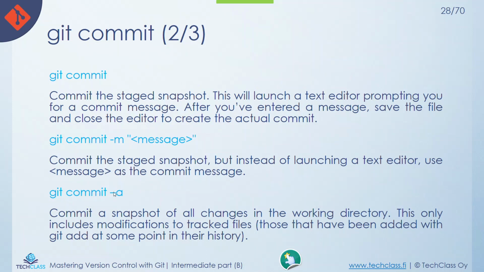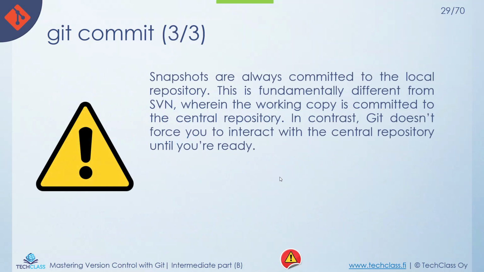Then we also need to include -a to commit a snapshot of all those changes in the working directory. I'd also like to explain that when you commit those changes, they are applied to your local repository.